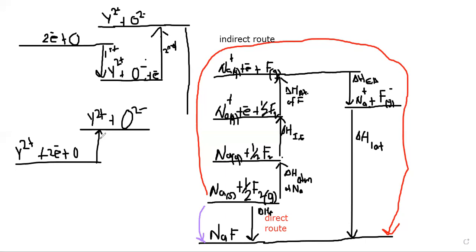So if you want to skip the first electron affinity, this is how it would look. All right. So just draw the arrow pointing up, Y2 plus O2 minus. But if you are showing first and second electron affinity, it goes down, then it goes up. And as usual, you will draw the line coming down to meet the compound, the ionic compound YO.